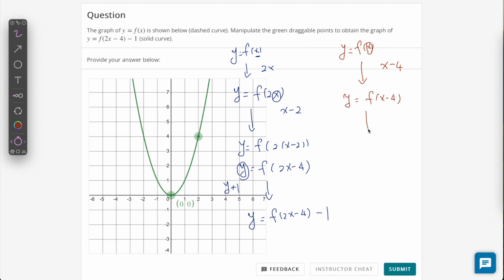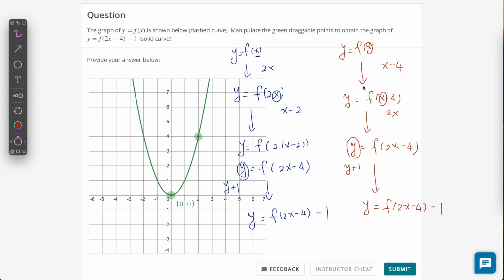And then the second step, I will circle this little x and replace it with 2x. So I get y equals f of 2x minus 4. And then the last step is the same as the previous step, circling this little y, replace it with y plus 1. So we have y equals f of 2x minus 4 minus 1.